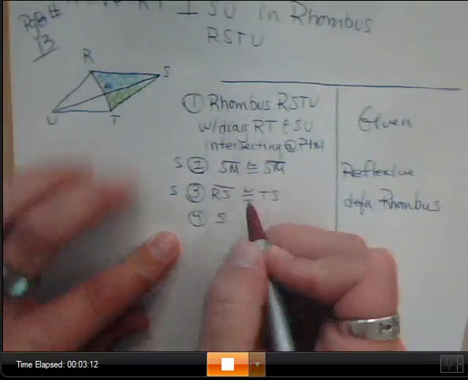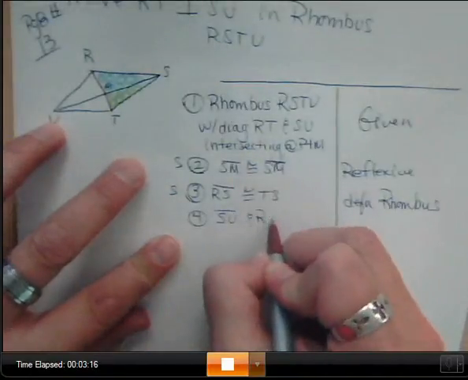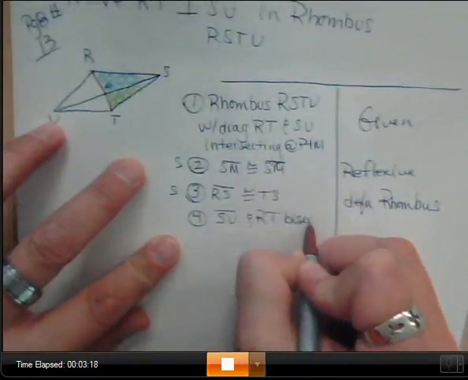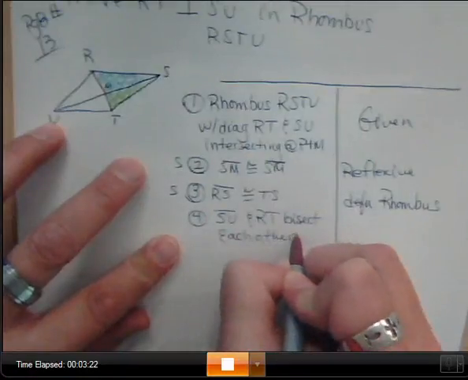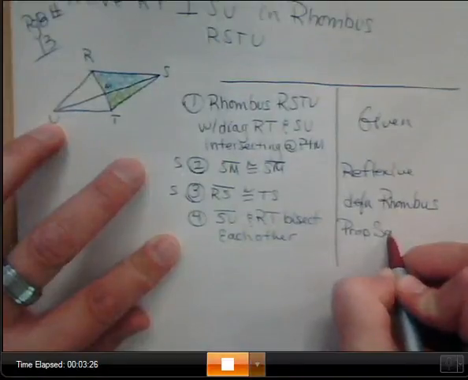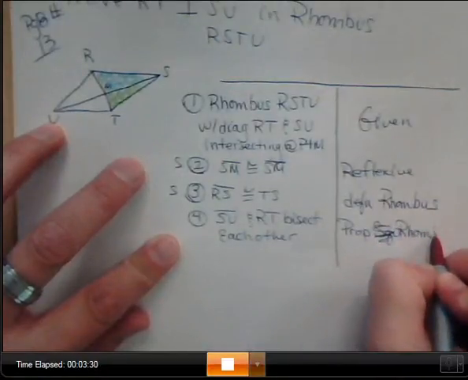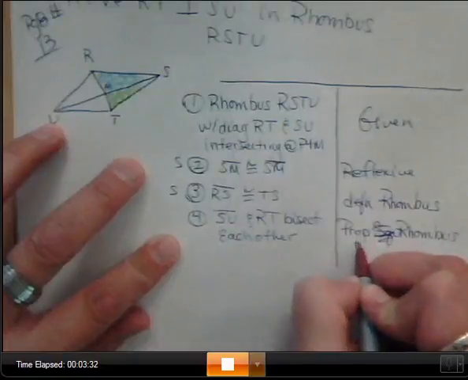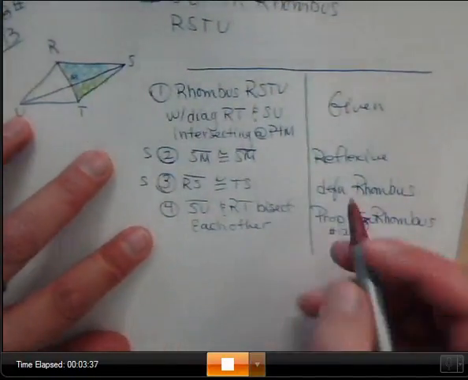SU and RT bisect each other. Reason? Property of a square. Or yeah, not square, rhombus. And that would be from number 12, which you proved in number 12.